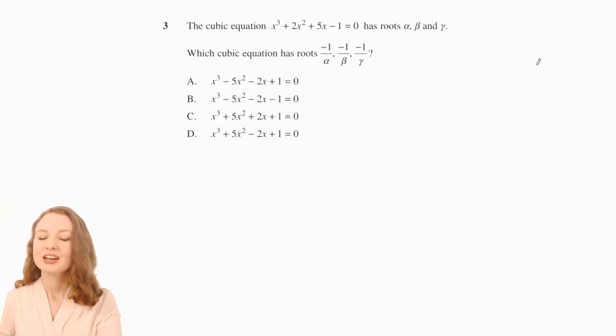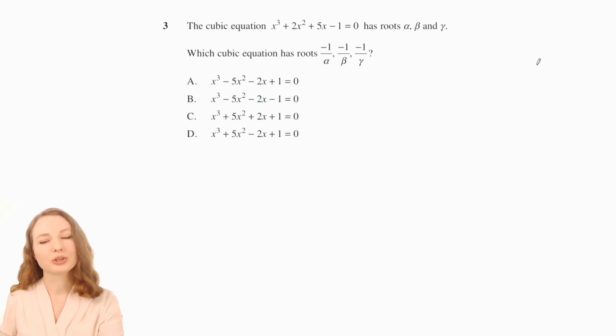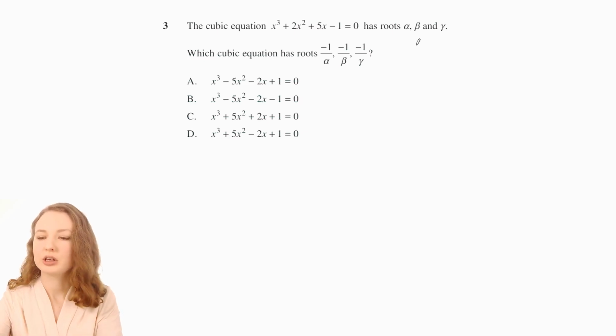Question 3. So there are 2 main methods that you can do this one. One is just to think about what the sum and products of all the roots is going to be. So just looking at this, alpha plus beta plus gamma is going to be -2.